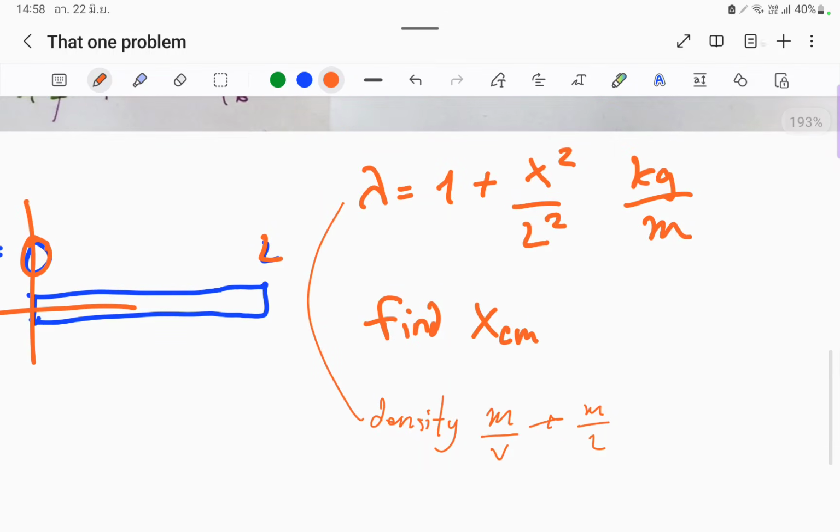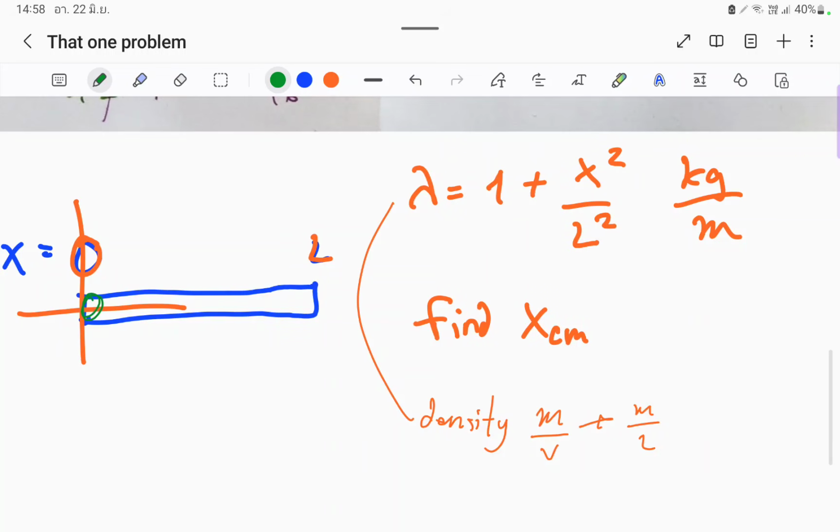We already know what this is. It is just used for telling how dense a specific part of the object is. If you want to know the density at the starting point, you just substitute x equals 0 into that, and you get the density is equal to 1. Just as simple as that.